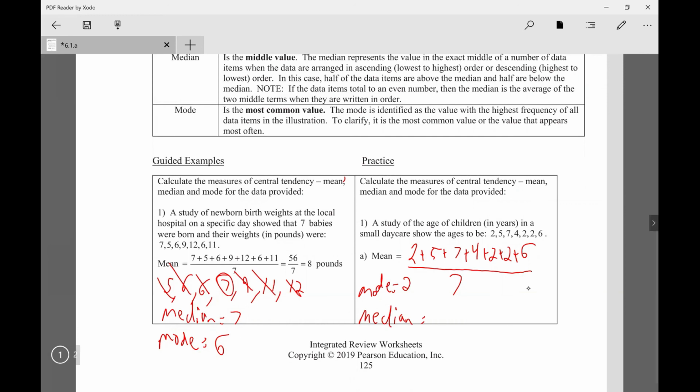I know that we have three 2s. Our next highest are 4, 5, 6, and 7. So I'll cross off the lower 3 and the higher 3, and we see that 4 is our median here.